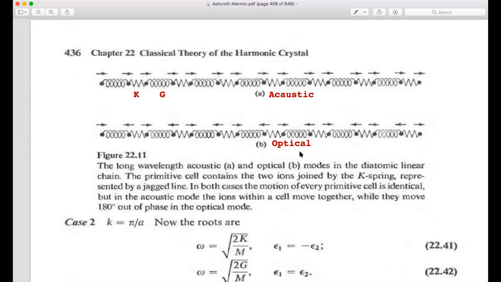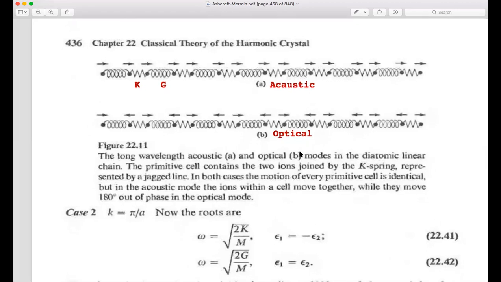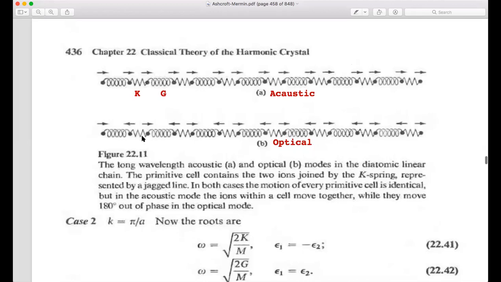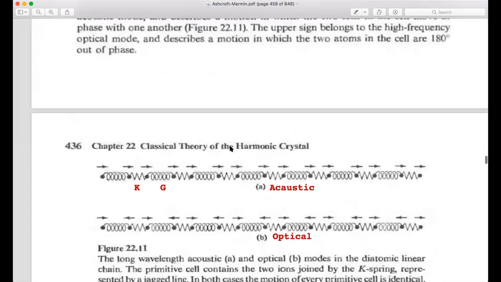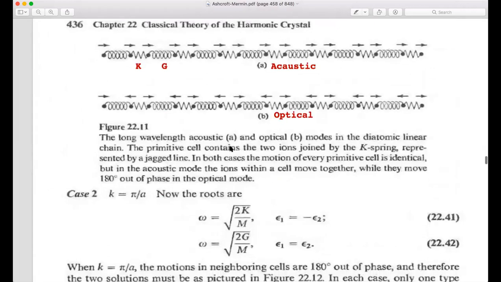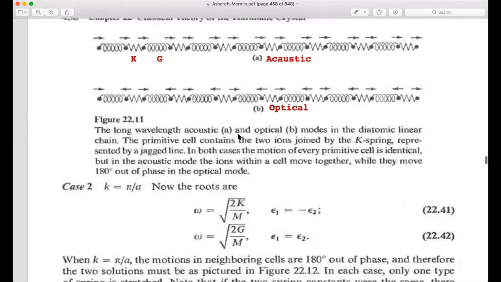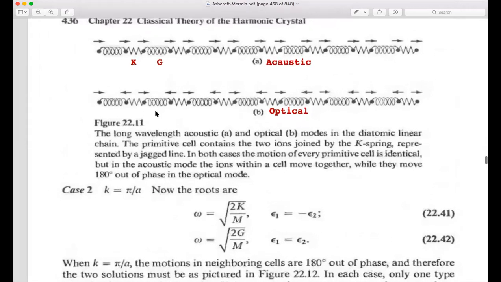On the other hand, when you look at the optical branch, we said that successive primitive cells pick up a phase of -1. So what this cell does, the next cell would do exactly the opposite.